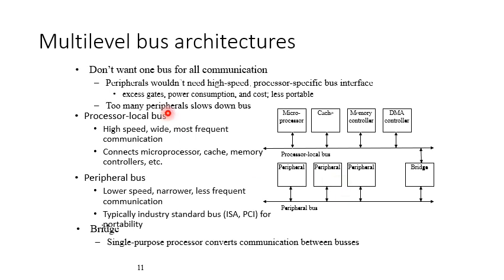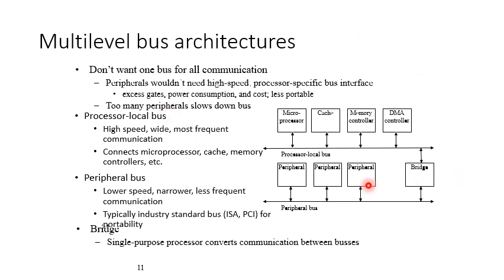So why do we have this multi-level bus architecture? Let's talk about it. We don't want one bus for all communication. First of all, we don't want one bus for peripherals and one bus for the microprocessor, cache, memory controller, and DMA. Peripherals don't need high speed.